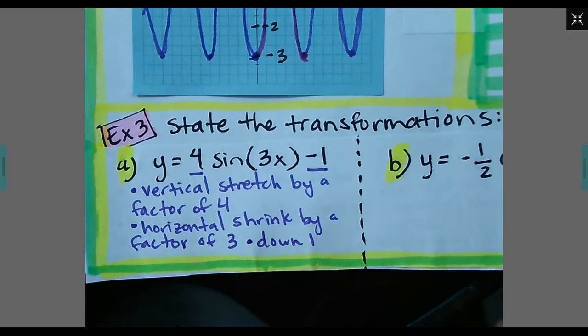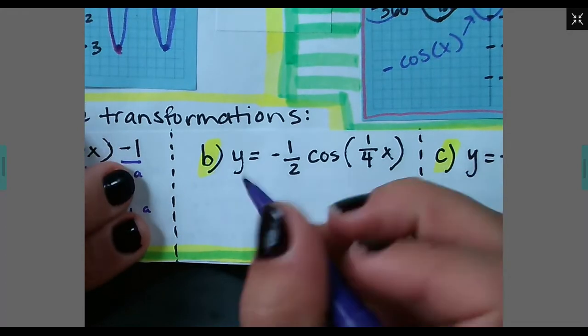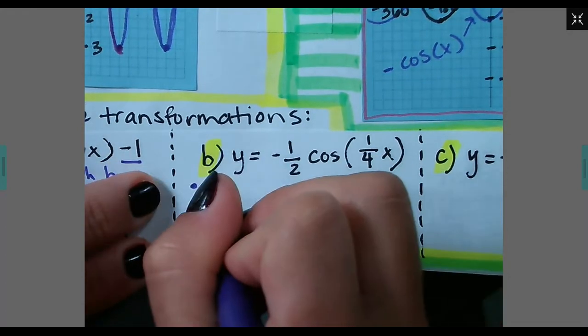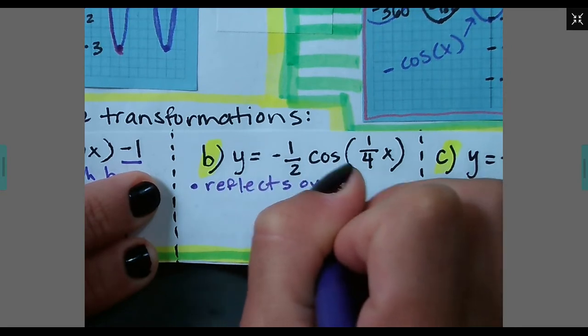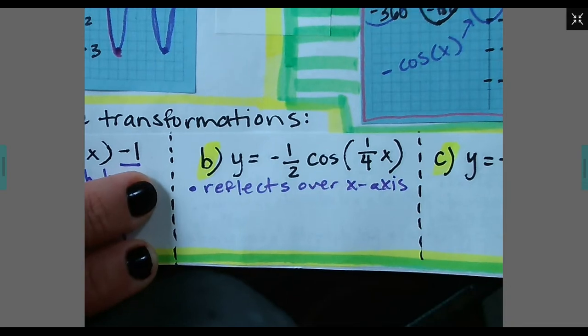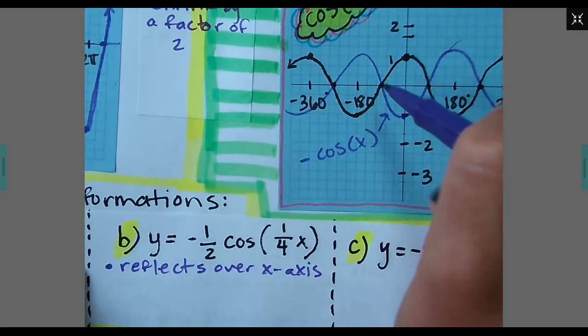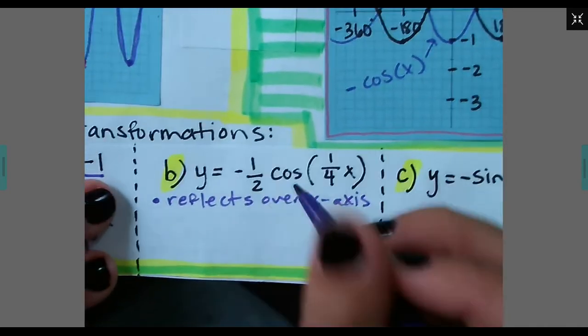Okay, so let's do another example. First thing we're going to look at is this negative in the front, which just reflects over the x-axis. So for example, for the cosine, that's just starting at the bottom instead of at the top, and then going the opposite direction.